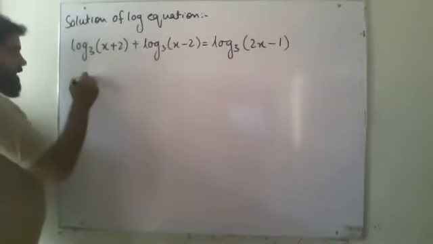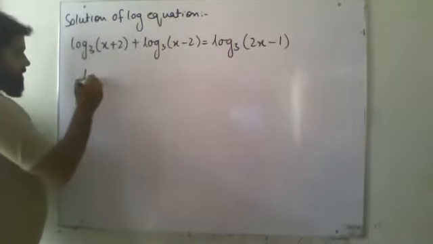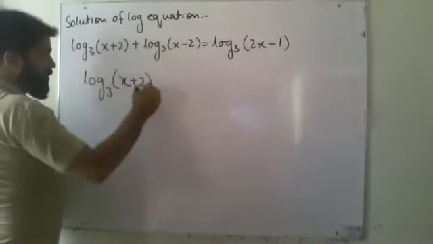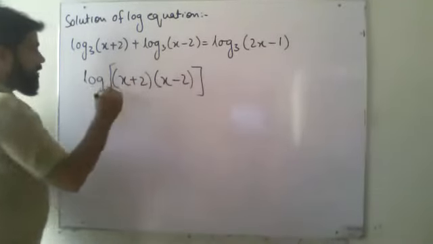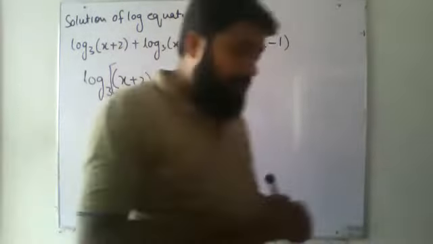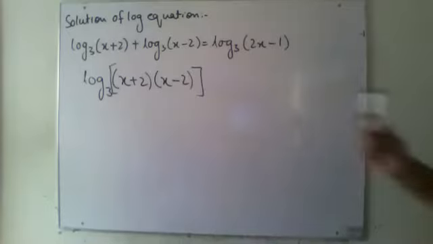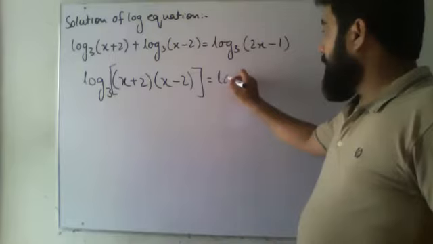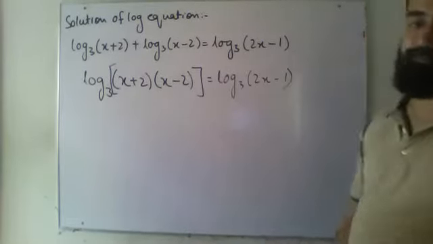There is a plus sign, so it can be written as log base 3 of (x plus 2) into (x minus 2). That's the first thing I can do, because it is written in plus form, so I can write them in product form. I've applied the log rule here. After this, log base 3 of (2x minus 1).